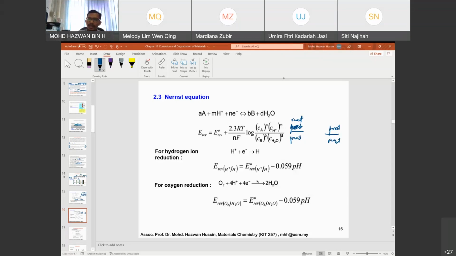But the main thing is that this is just a mathematical representation. Please note the symbol. If it is a plus symbol, then it is the opposite. The most common one that you will see is negative or minus. So E cell is equal to E naught cell minus 2.3 RT over NF log products over reactant.